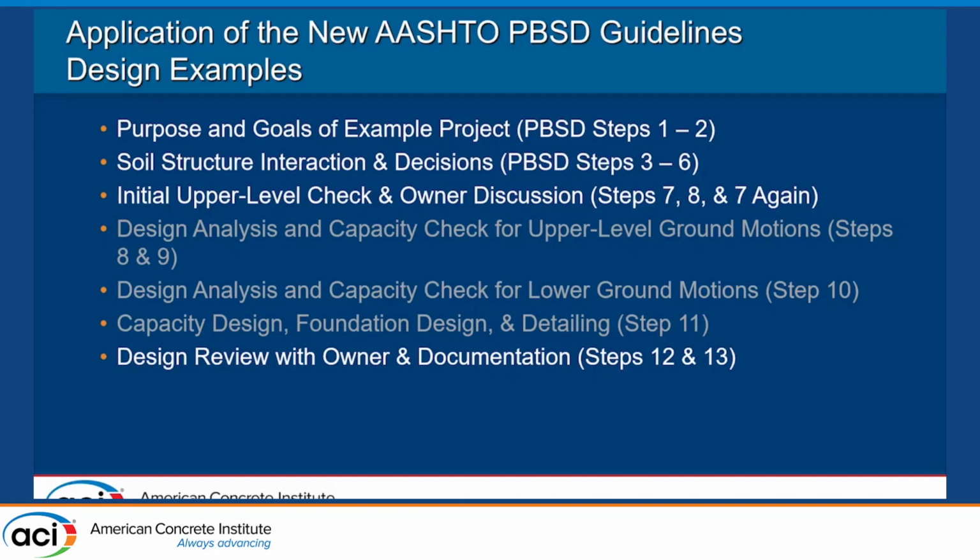To simplify this design example process, I'm going to talk more about the story, because as an engineer, it's really easy to get wrapped up in the numbers. As a researcher, it's really easy to get wrapped up in the numbers. I want to be able to prove the process. When you come to practice and you sit with an owner like Elmer, and you sit across the table and you say, what do you really want to get out of this? He's got a limited budget. He's got a project goal.